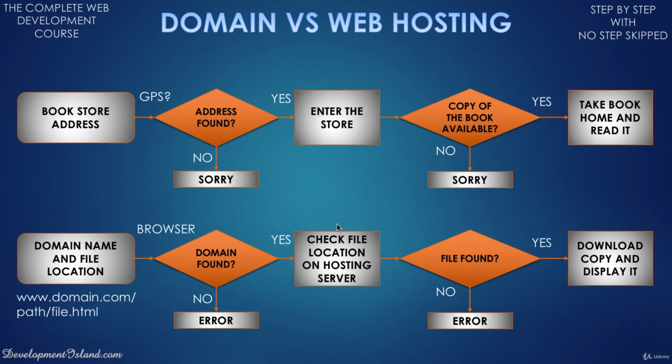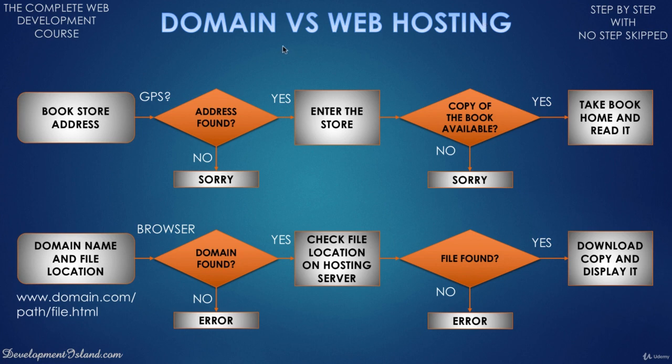So to summarize, a domain is like an address on the internet. Web hosting is like a store or a storage area where you place all your files and your web pages.